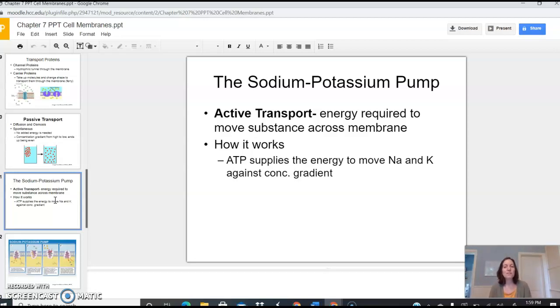The sodium-potassium pump regulates sodium and potassium ions inside the cell. And it's important because it causes an electrochemical gradient across the cell membrane, which can help in communication between cells, particularly nerve cells. So you'll see this if you take anatomy and physiology when you study neurons.